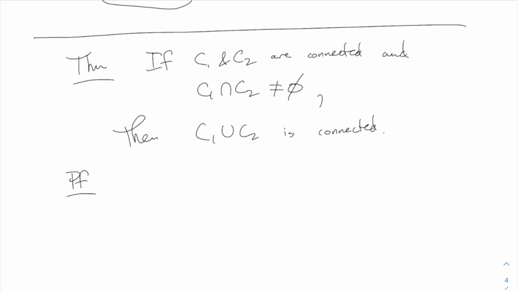So I'm going to say, to get a contradiction, I assume C1 union C2 is disconnected.